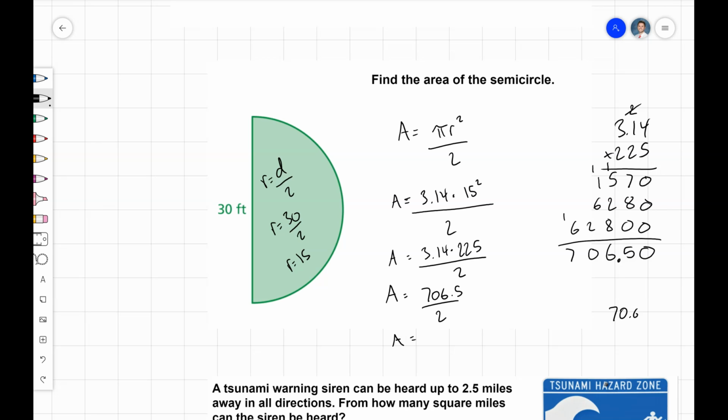So 706.5 divided by 2, we get 353.25 square feet. That would be the area of this semicircle.